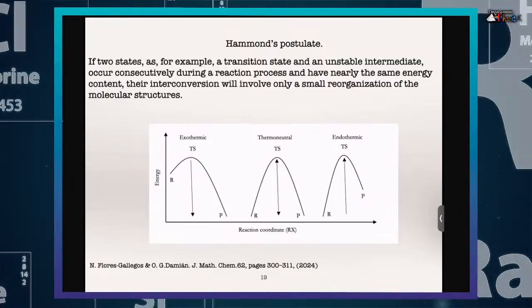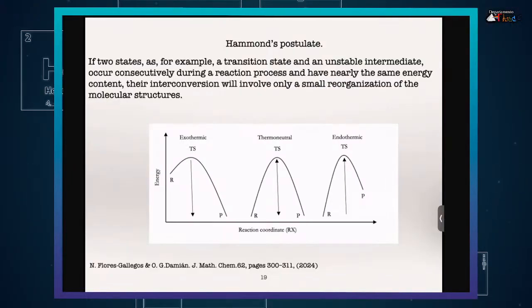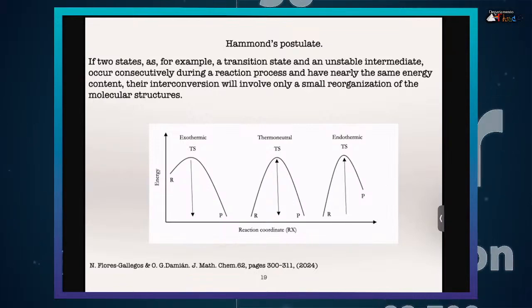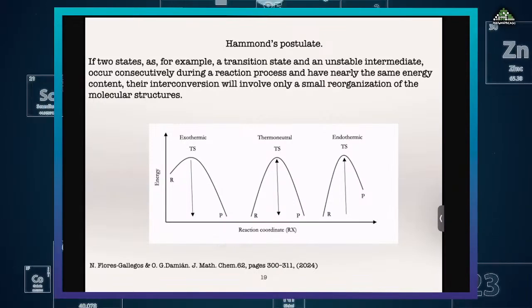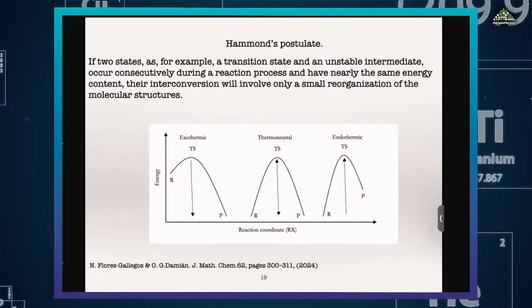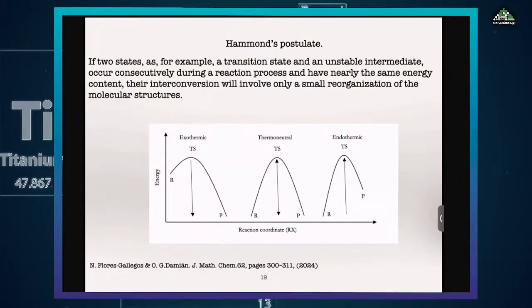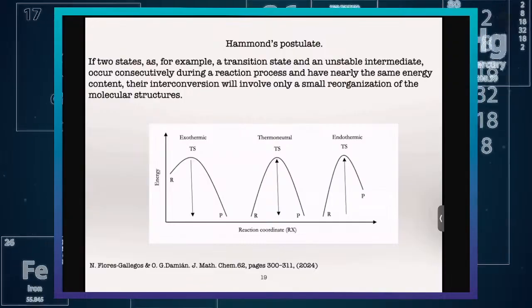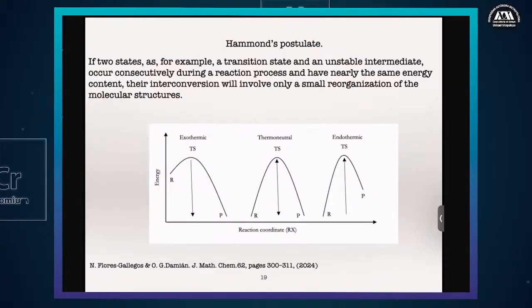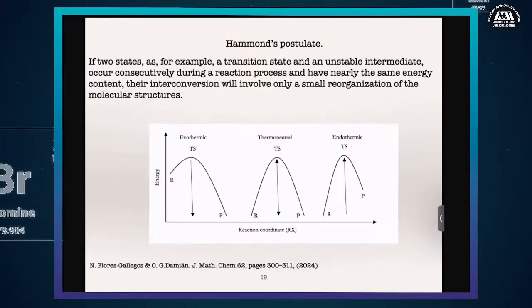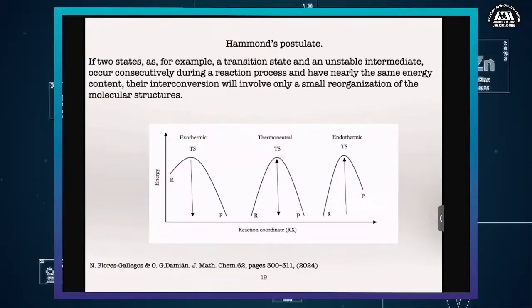In general, we resort to the Hammond postulate. According to this postulate, in an endothermic reaction the transition state structure will be more similar to the reactants, and in an exothermic reaction the transition state structure will be more similar to the products.